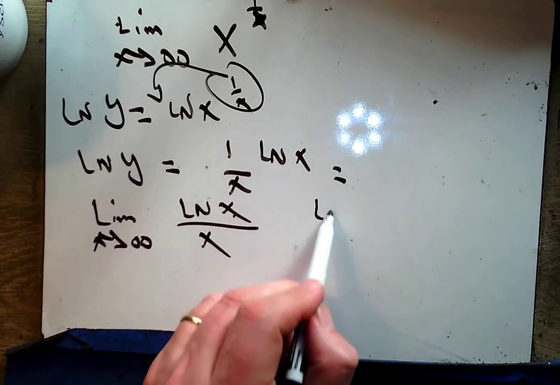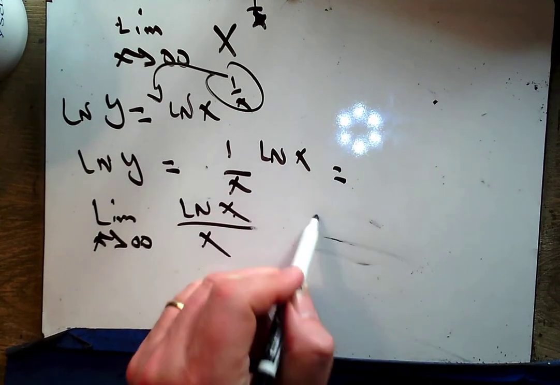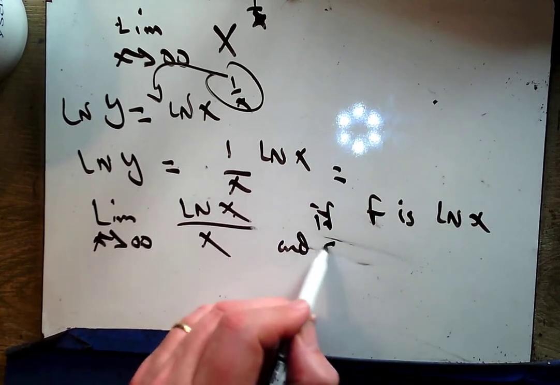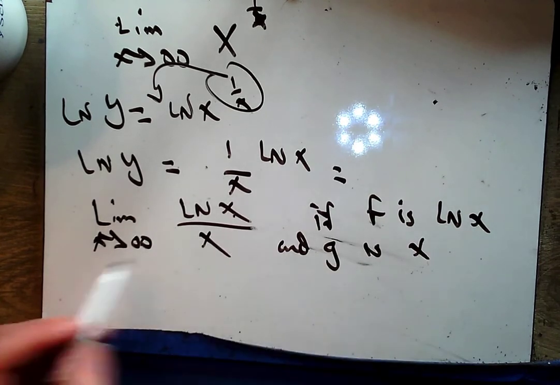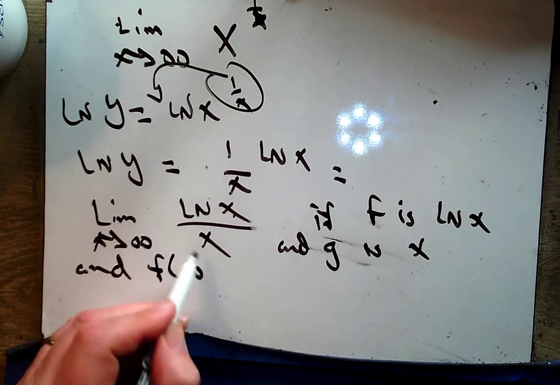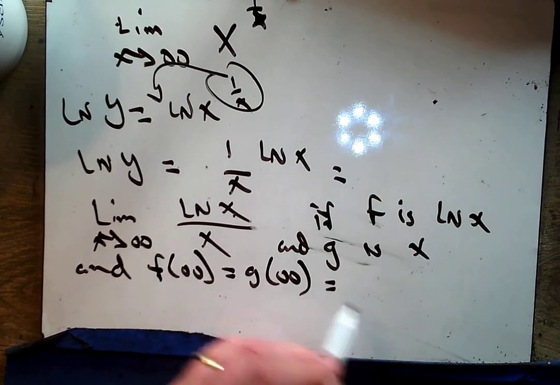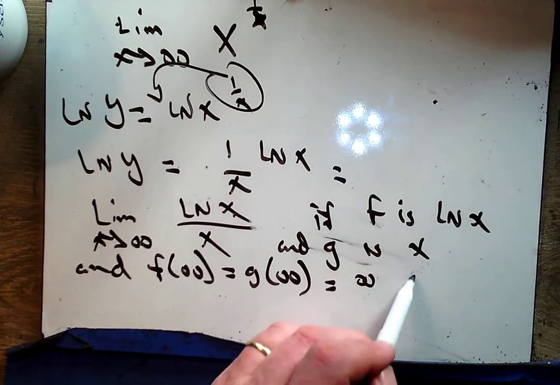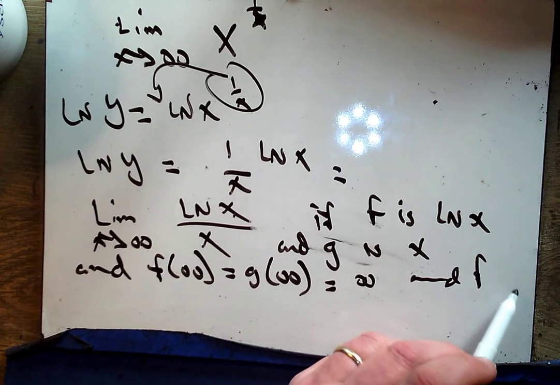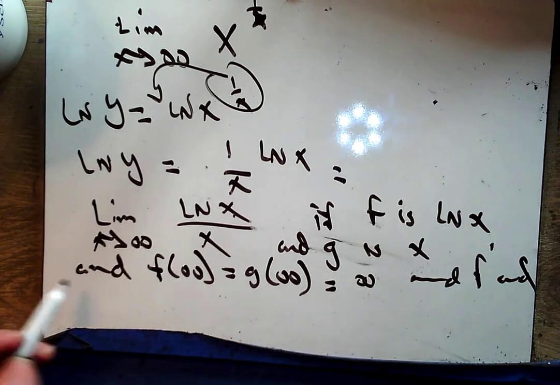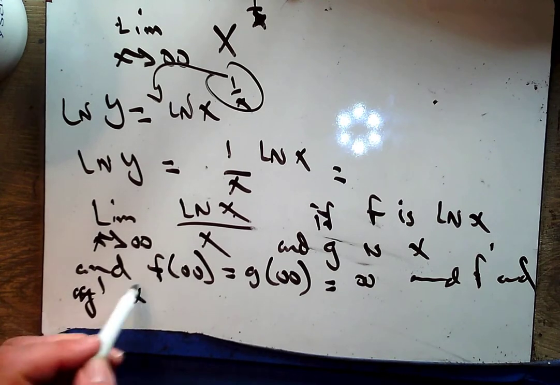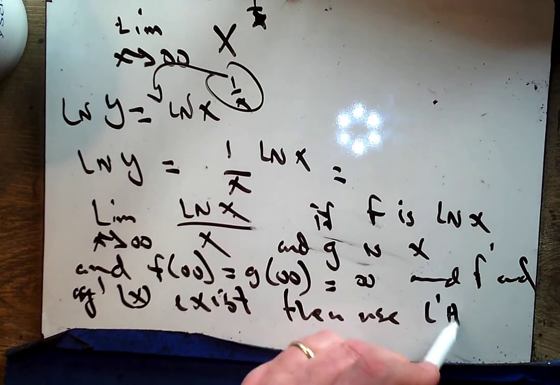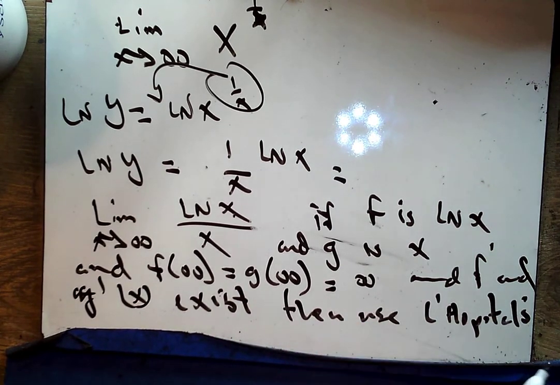And that makes me feel like I can say the limit, if f is ln of x and g is x, and f of infinity equals g of infinity equals infinity. I feel really uncomfortable writing that. And f prime and g prime exist, then use L'Hopital's.